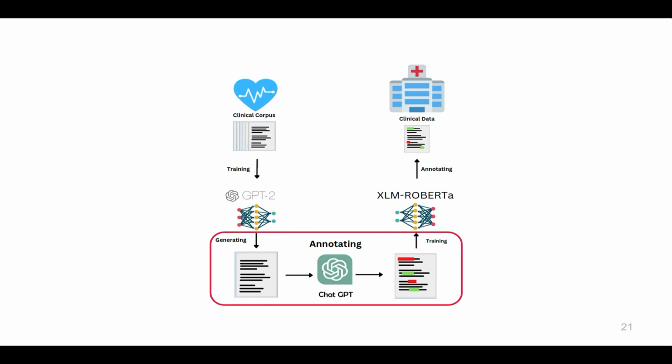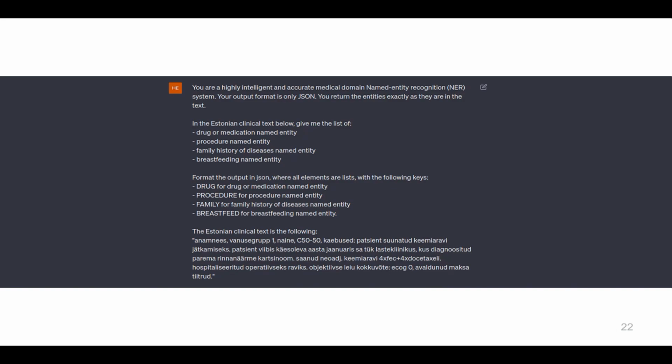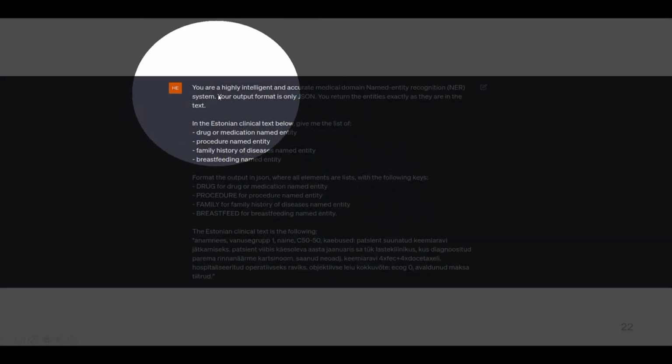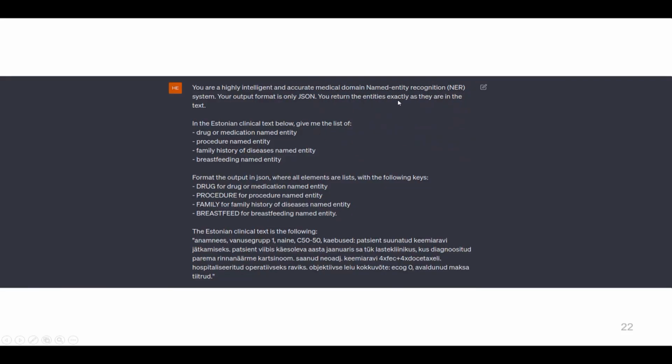And then we give this text to ChatGPT and it attempts to annotate it. So this means we have to look for good prompts to get the best results. And one of the things that I ended up using right now is a weird role-playing where I tell it that it is a highly intelligent and accurate medical domain named entity recognition system. And the output that it's allowed to give us is only JSON.